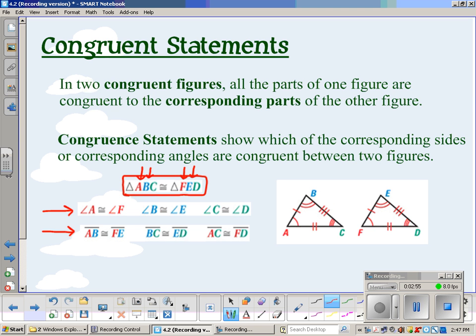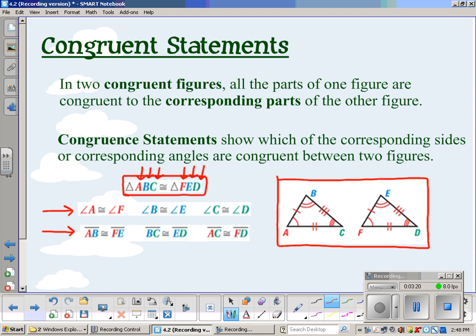Finally, we have C and D in the third position of both statements. So angle C would have to be congruent to angle D. And all of this information is also marked in our diagram. We can clearly see angle A and angle F have the one arc congruence mark. Angle B and angle E have 2 arcs, and C and D have the 3 arcs. So those are our 3 pairs of congruent angles.